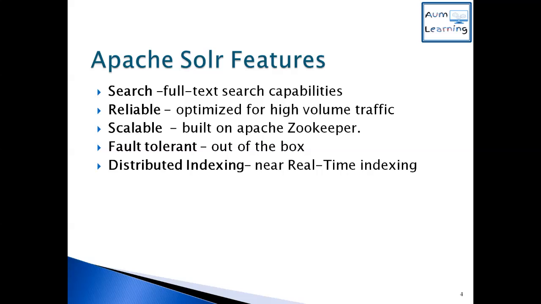So we can distribute the indexing so that in future we can easily search it. Solr provides the capability of near real-time indexing. Let's suppose one user is indexing some data in Solr and another user is searching the same data at the same time. That is possible in Solr.